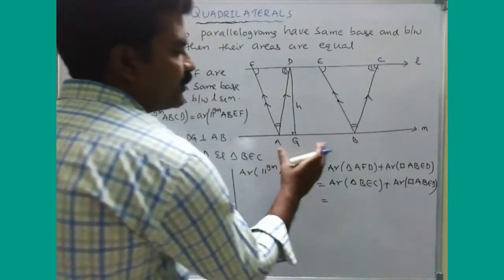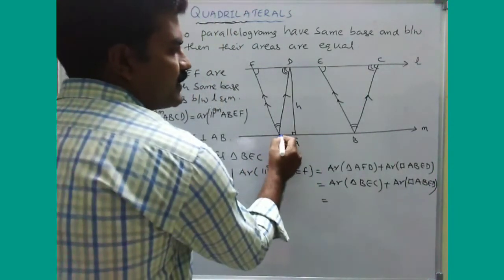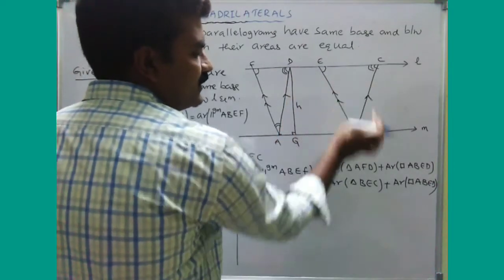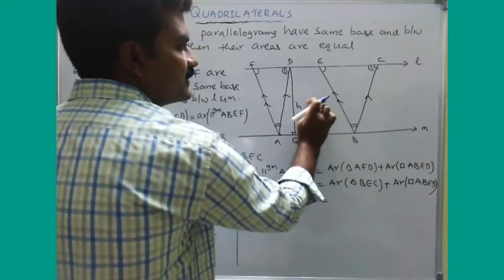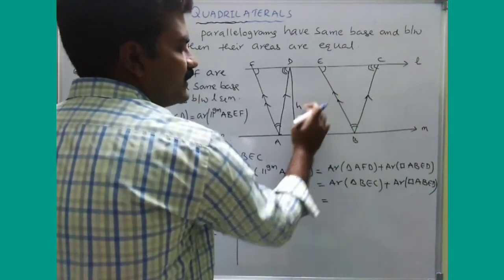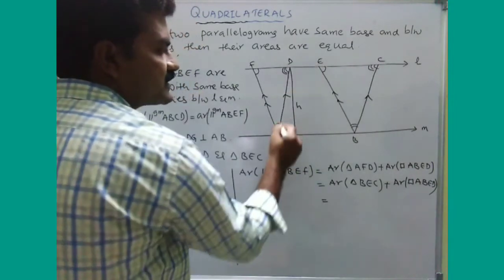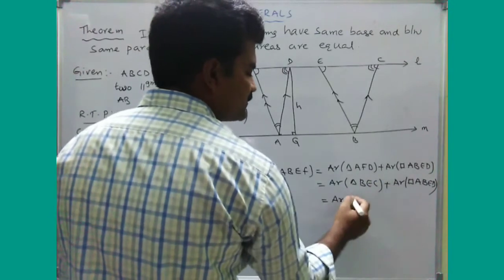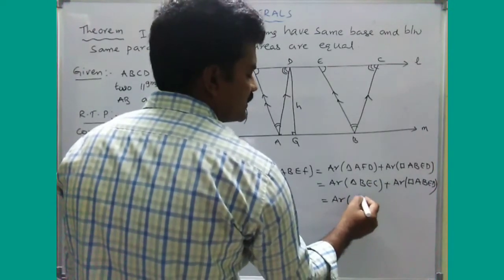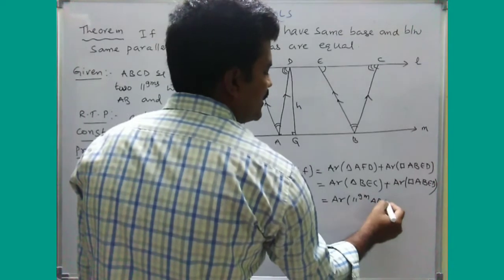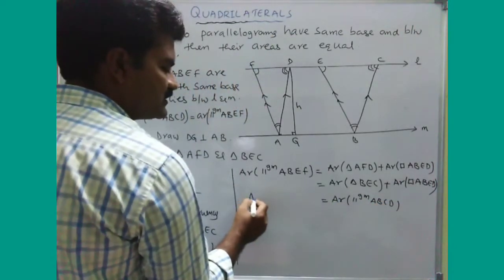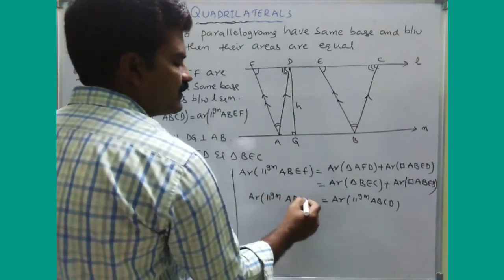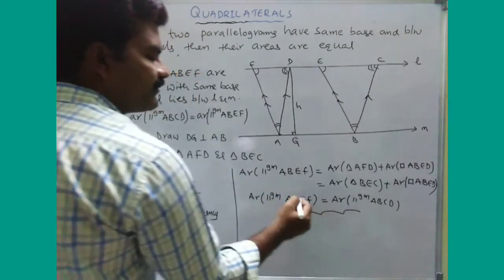Now look at the diagram properly. See, ABED, this part, plus area of triangle BEC, this part. So together I can write that entirely it is the area of this parallelogram ABCD. So the sum of these two gives us area of parallelogram ABCD, which is equal to area of parallelogram ABEF.